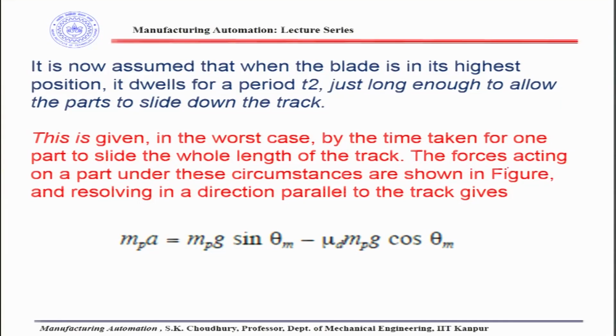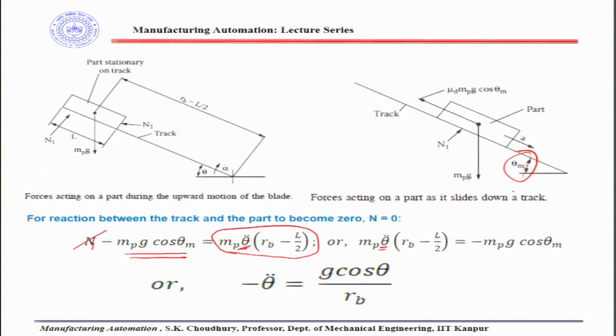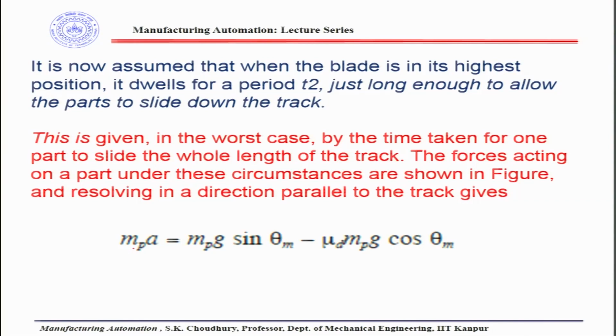Okay. The forces acting on a part under these circumstances are given here. So, this we have seen. These are the forces when the parts are sliding down. This can be written as mp into the linear acceleration is equal to mpg sin theta m minus mu d mpg cos theta m.